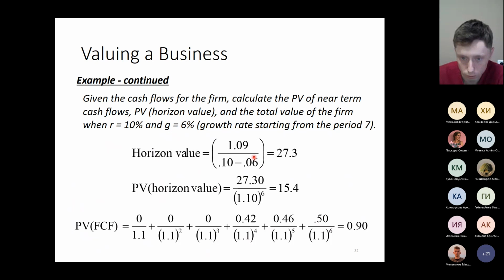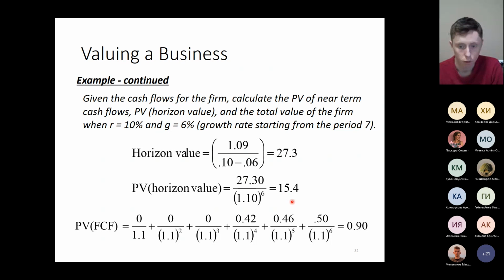Here, the growth is 0.6, the discount rate is 10, and this is how we estimate the horizon value of the firm, the present value of the growing perpetuity. As this happens in period 7, and one step is already within this formula, we discount it using the discount factor of period 6. And this would be the present value of the firm at the horizon value.